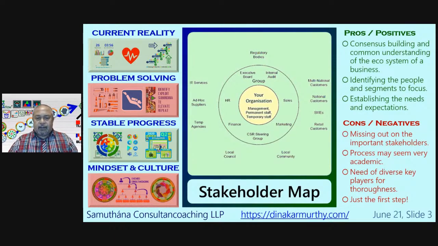And then I said the process may be academic. It's important that you understand the benefit of stakeholder mapping from the various literature, as a mitigation activity. And then the last one was that the first step is very critical, and therefore it's important to also define what happens next after the stakeholder mapping, which I said can be done better with an external facilitator.